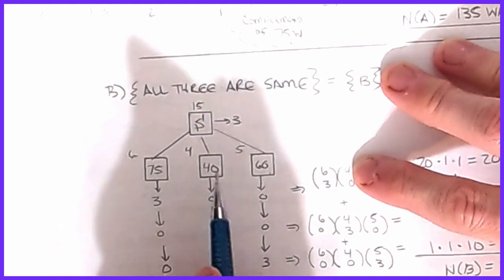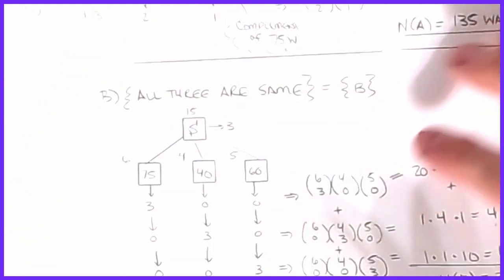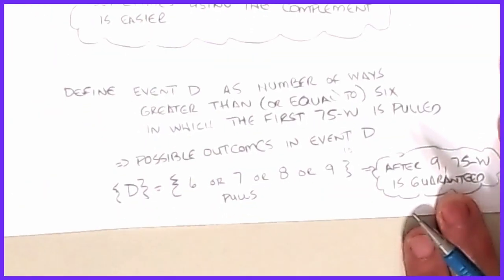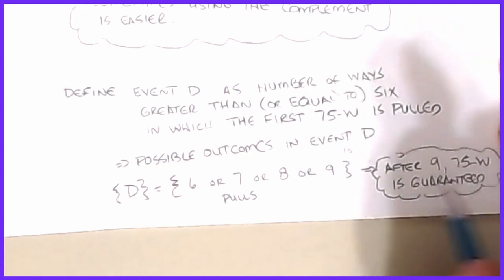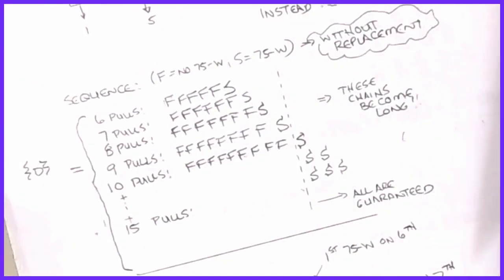In fact, on the 10th pull you're guaranteed a 75 watt, and it's not even an issue because you've already pulled the 75. So it's kind of a trick that after number 9, we're guaranteed a 75 watt no matter what we do.